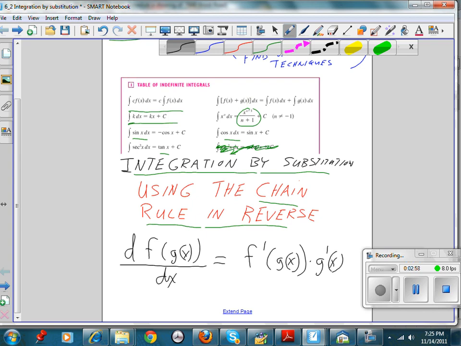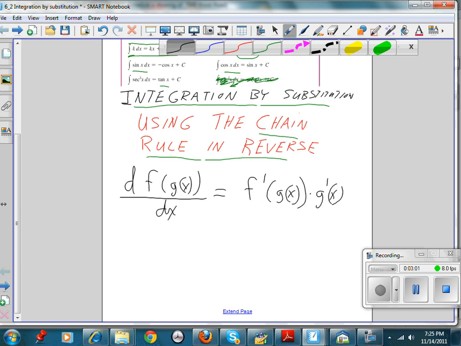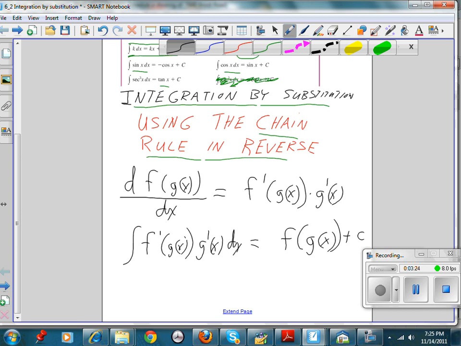So what I could basically say would be the following: if I would integrate f prime of g of x, g prime of x dx, the antiderivative of that would be f of g of x plus c, right? If I take the derivative of that, I get this back, right? So we're going to use that property, and it shows up all the time.